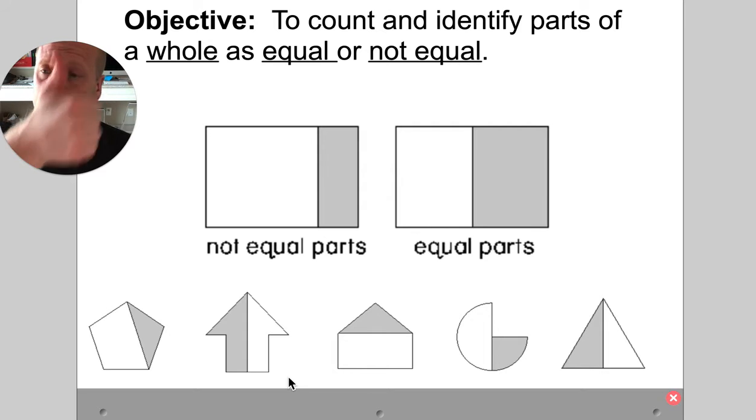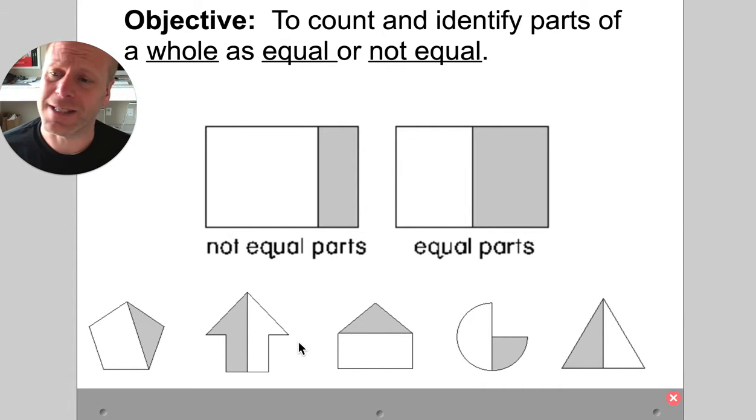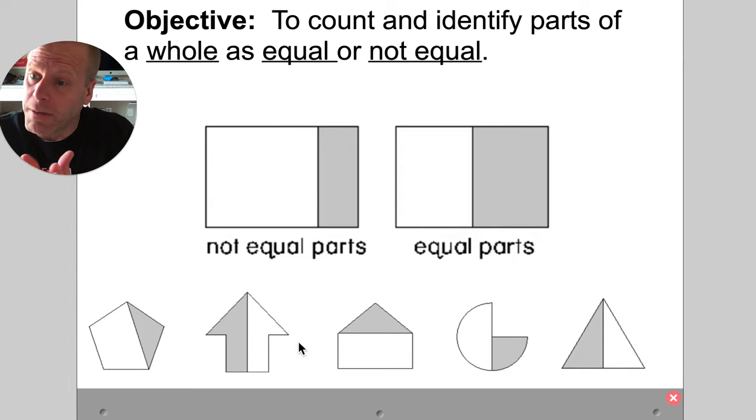Would you say they are equal parts or not equal parts? These are definitely the same. They're kind of opposites of each other, and that's okay. So you can have like the point on the left side and this one has the point on the right side. But if you matched them up or folded them together, you would see that they're exactly the same size.